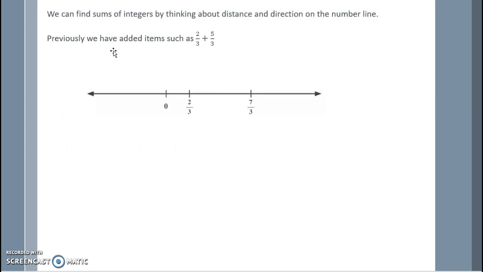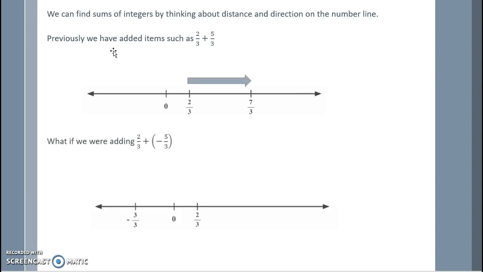We can find sums of integers by thinking about distance and direction on the number line. Previously, we would have items such as 2/3 plus 5/3. So we would start at 2/3 and go a distance of 5/3 more to get to 7/3. But what if we're adding 2/3 plus a -5/3? So we would start at 2/3 and now we need to go in the opposite direction, or the negative direction, 5/3 units.